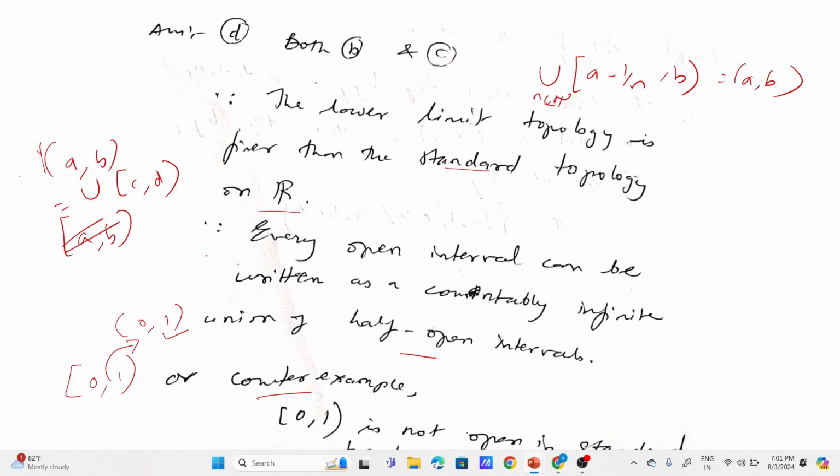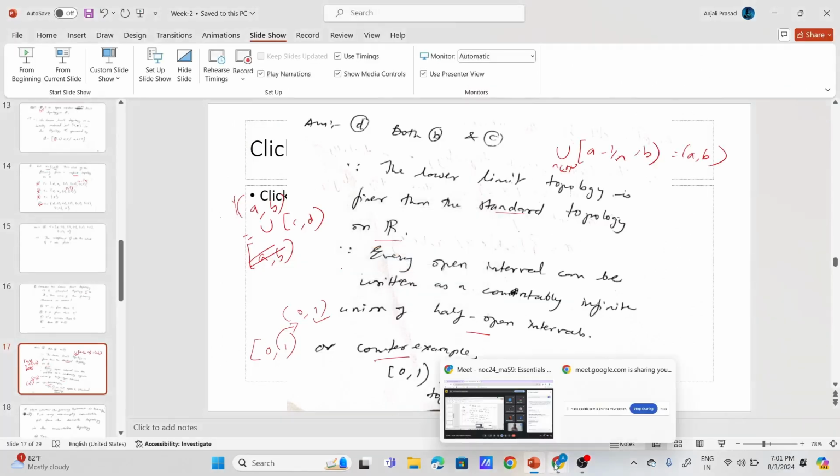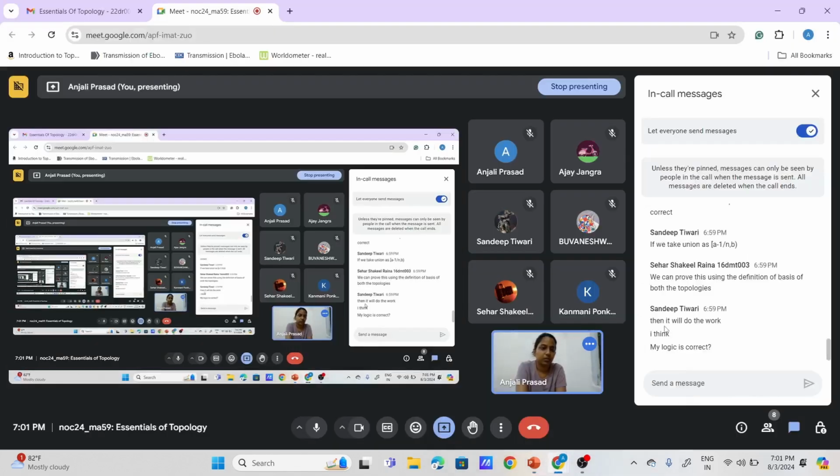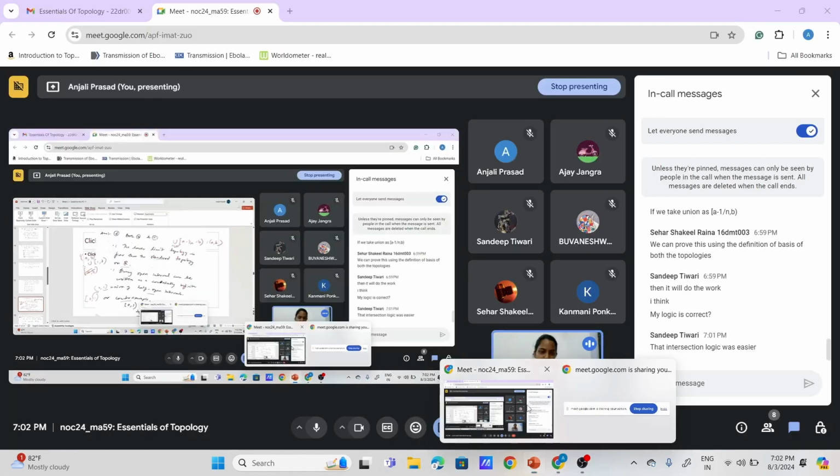Is it clear? So either way you can go, either by the basis or by taking arbitrary union. You just need to find a particular kind of intervals. Or you can simply go by this example also, closed [0, 1). Any logic that you are comfortable with, but just get it cleared.